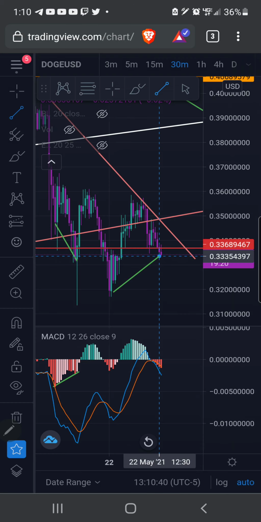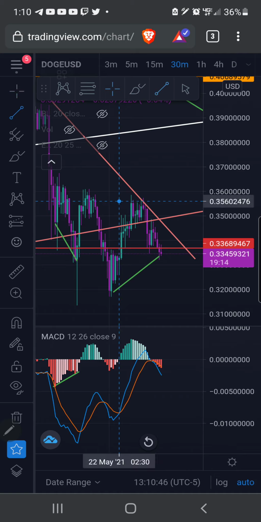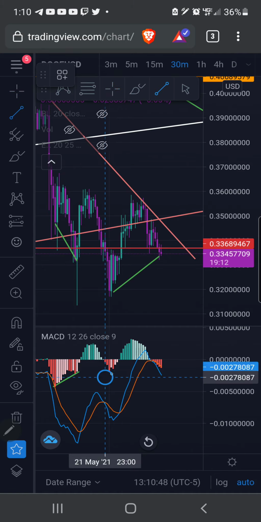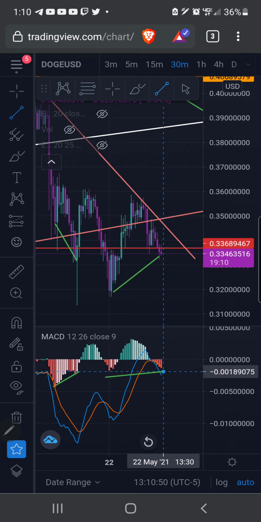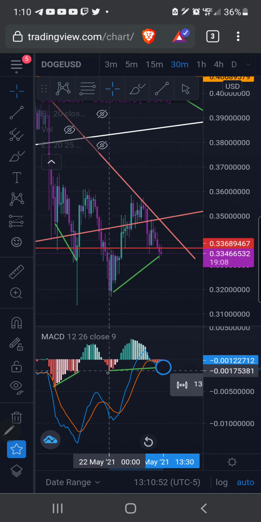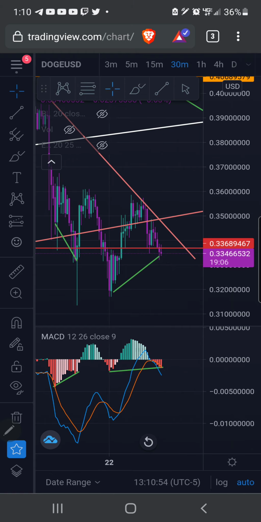Draw another trend line down on the MACD from the same area. You can see that now they're going, this is a bullish trend line, this is a bullish trend line.